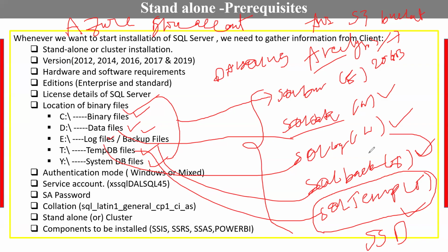But rather than keeping them in the log drive, why can't you dedicatedly keep a separate disk for backup as well? Because backups are also very important for us, right? In case something suddenly happens, you can recover with the help of backup. So how you are going to protect your data, you need to protect your backups as well. Both are very important for us, because if suddenly you deleted something and there is no backup, we are gone, right?